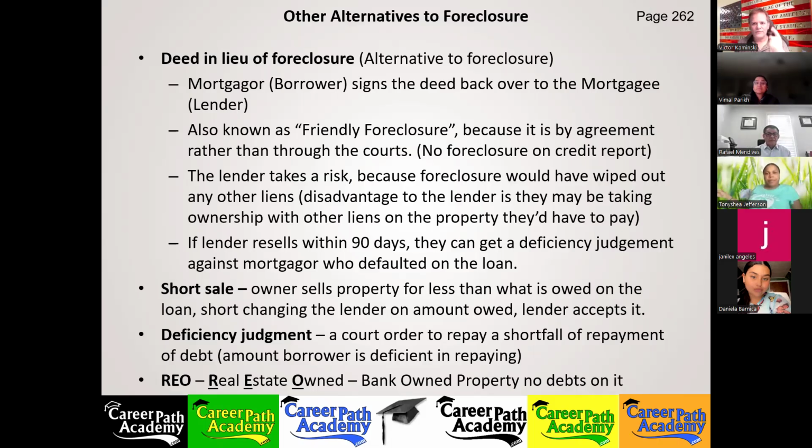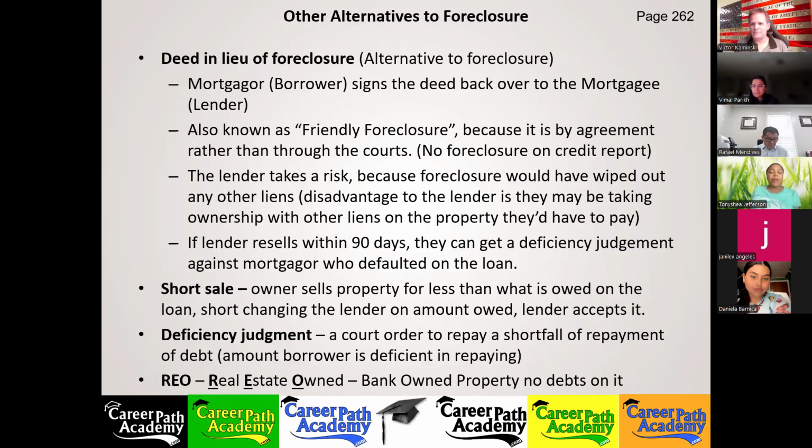Now, if there's only one property, they cannot chase after you for any deficiency. If there's only one property and I do a short sale on your property, I negotiate with your lender to accept whatever lesser amount than what is owed to them, they're not going to chase after you for a deficiency, because I'm going to get them to sign a satisfaction of mortgage lien.